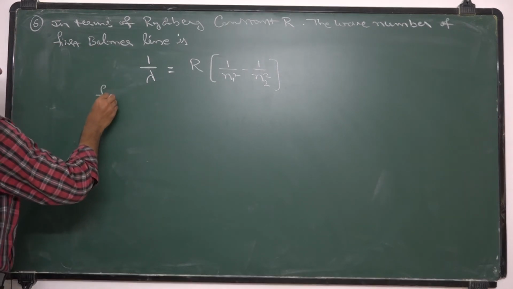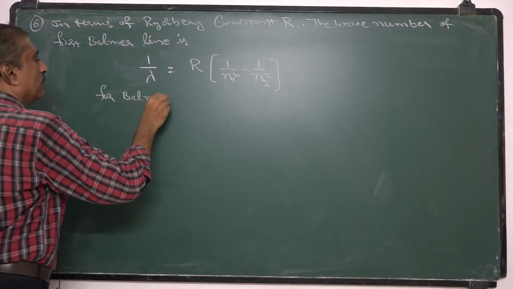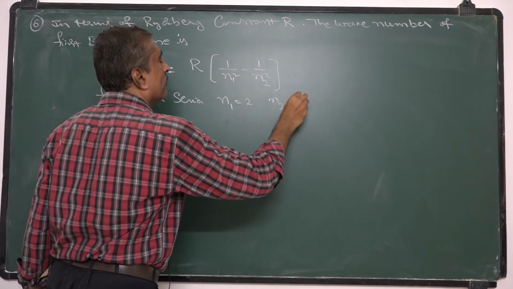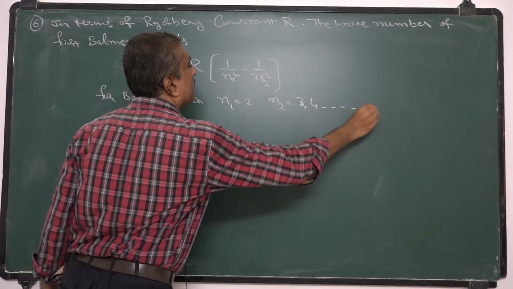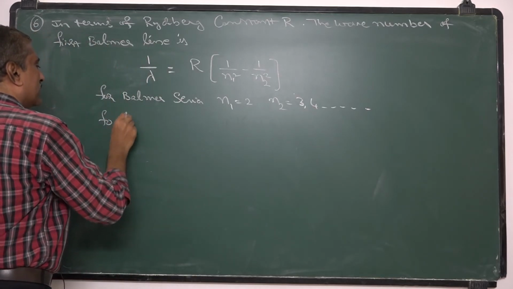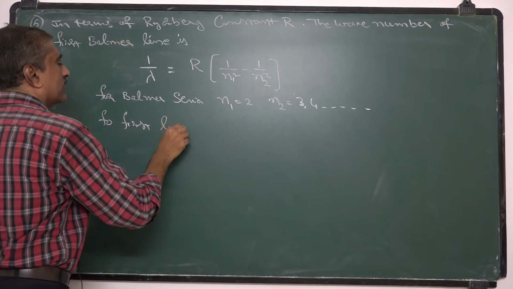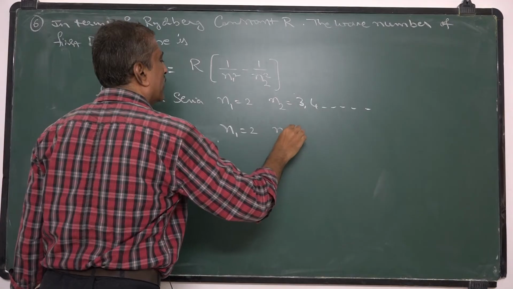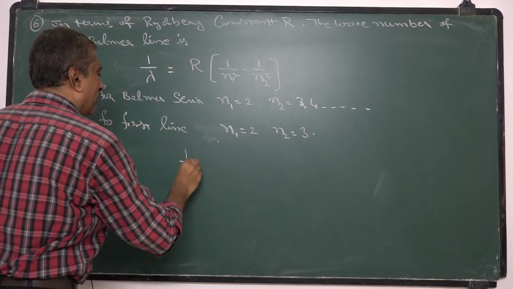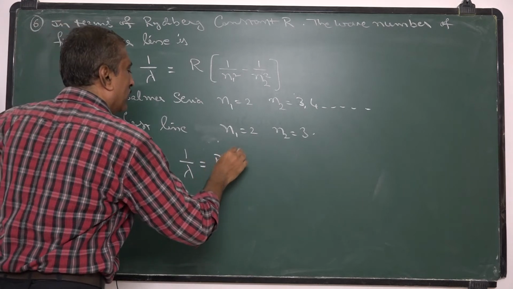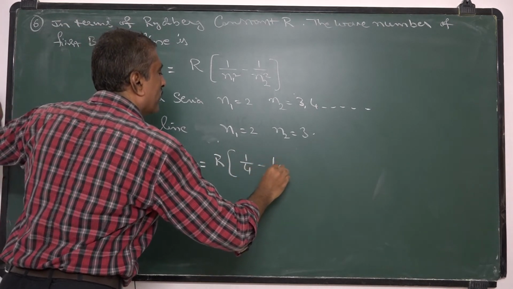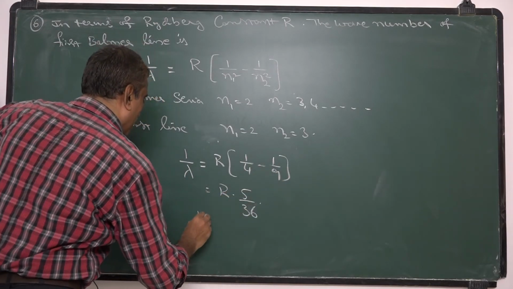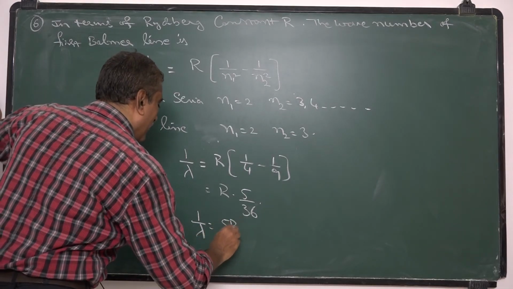For Balmer series, n1 is 2, n2 is equal to 3, 4, etc. For first line, 1 by lambda is equal to R into 1 by 4 minus 1 by 9, that is R into 5 by 36. So 1 by lambda is equal to 5R by 36.